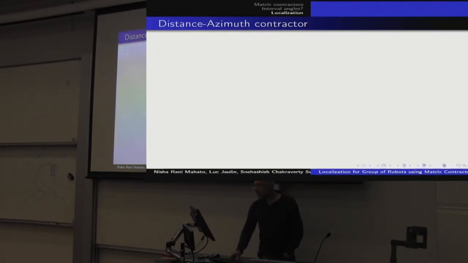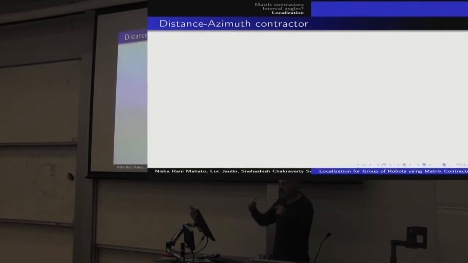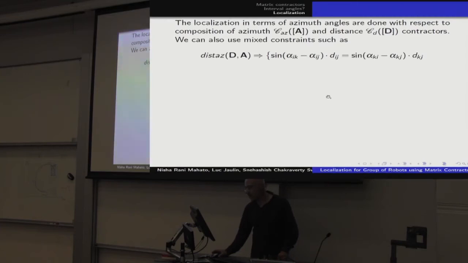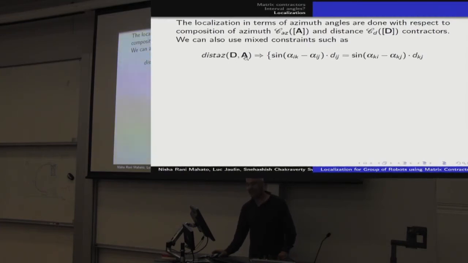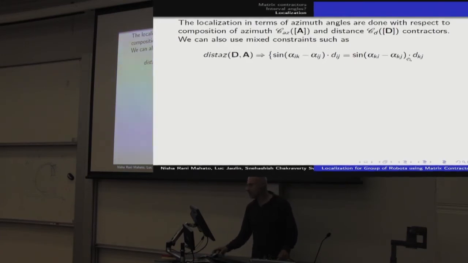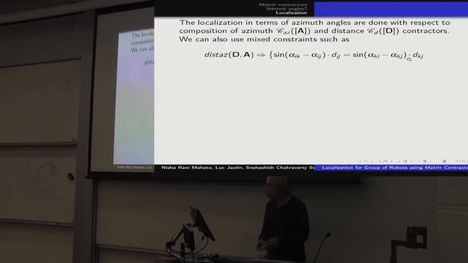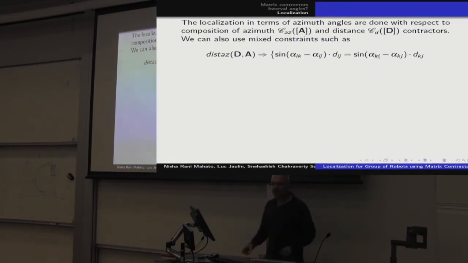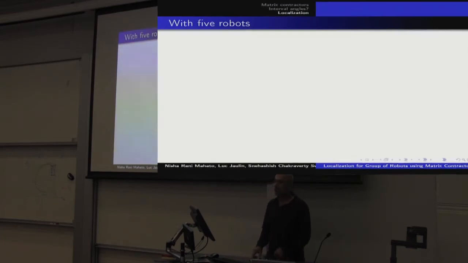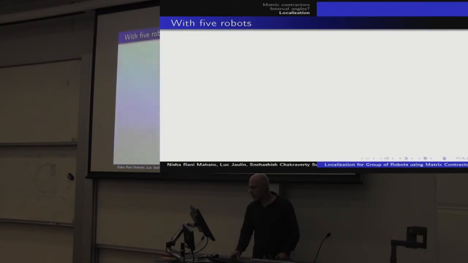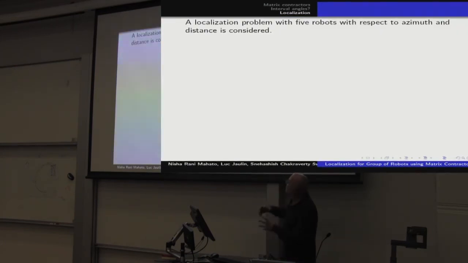So now we may also find some combination between distance and azimuth, taking, for instance, if I know that the distance matrix D is consistent with the azimuth matrix A, if I have this kind of relation, but other relations could also be found. Okay. So I will use this kind of contraction in order to improve the geometry of the group of robots.